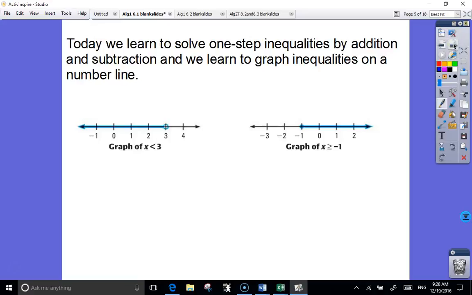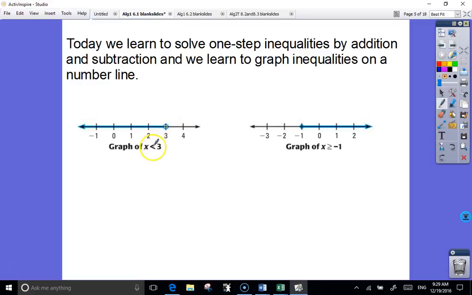When you graph an inequality on a number line, there are going to be two parts to it. There's a circle, which is on the number, and then there's shading to one side or the other. The circle could be either open or closed. On this one here, it's showing x is less than 3.